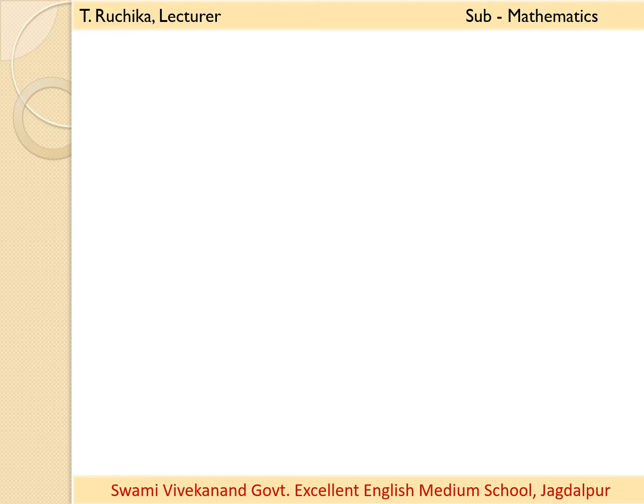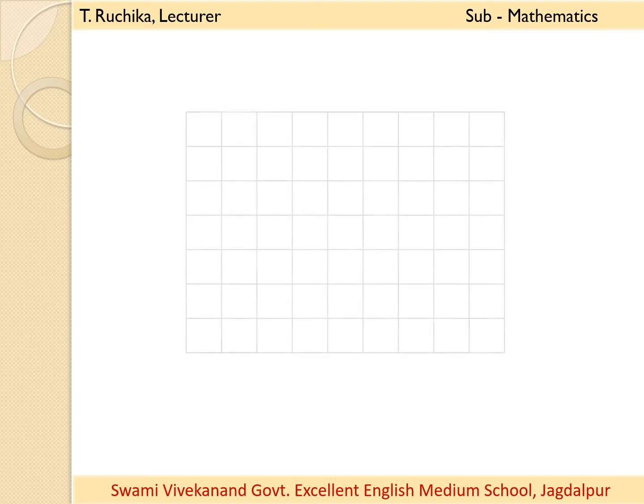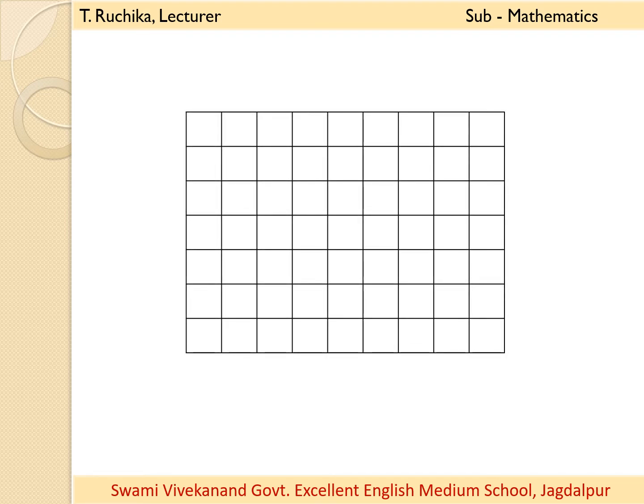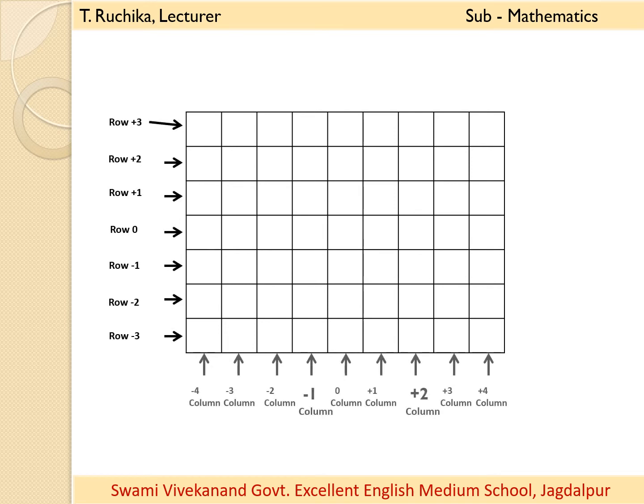Let's see another example. Let us assume it as a garden of fruits. Here, the fruit plants are standing in vertical as well as horizontal lines as shown in the figure. The vertical lines are called as columns, whereas the horizontal lines are known as rows.